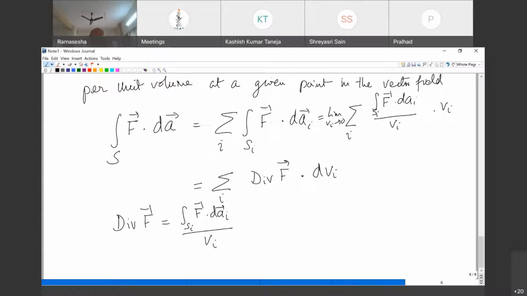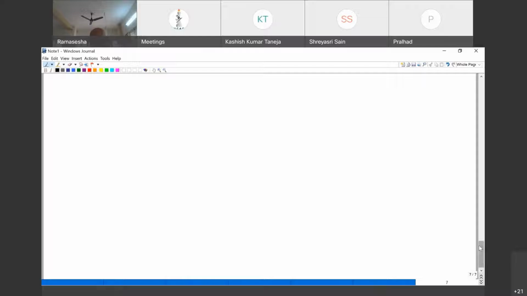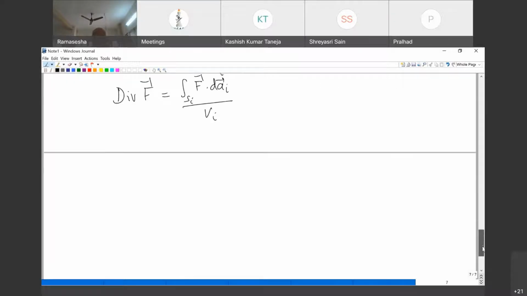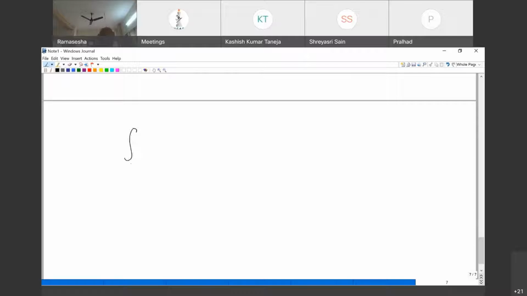So this quantity that I have here is the divergence, and because that is a divergence, I can write it in this form. That is to say, the integral over S of F dot dA is equal to the integral of the divergence of F over the volume.